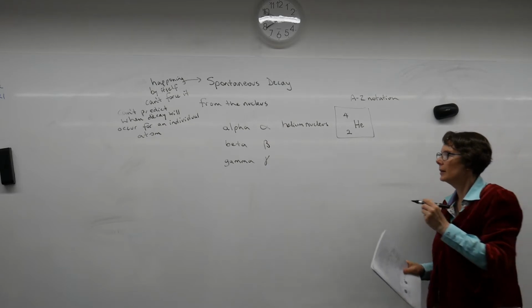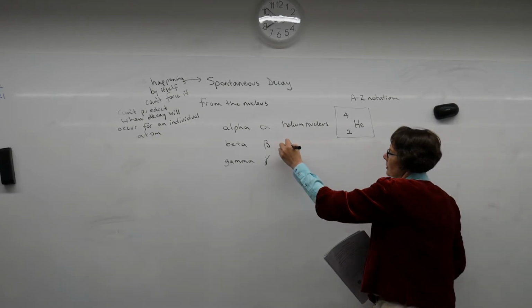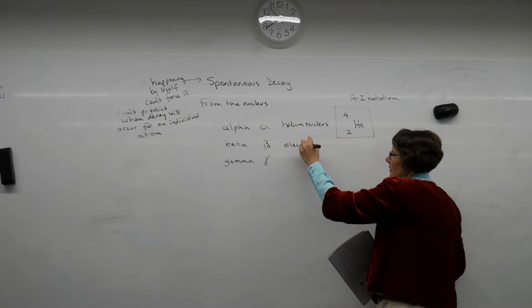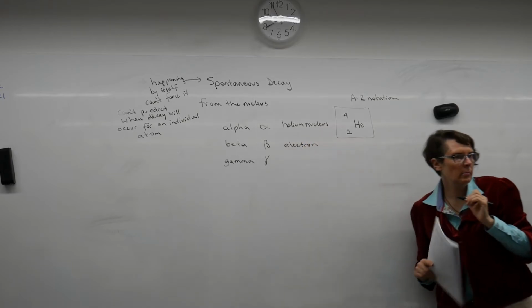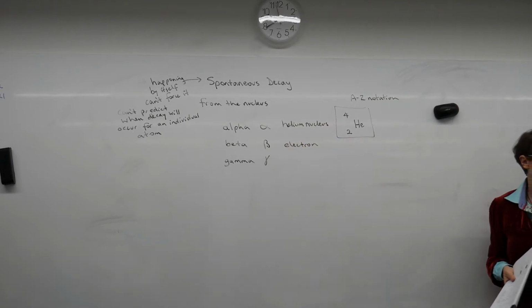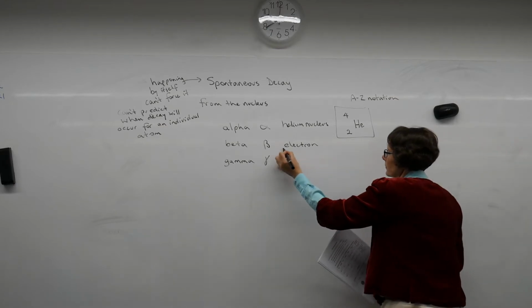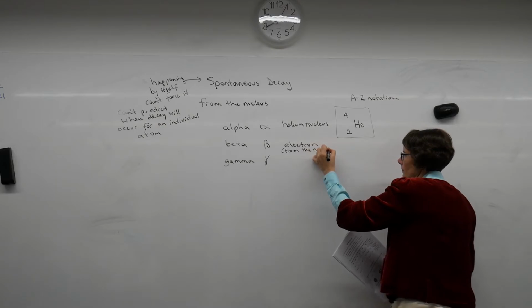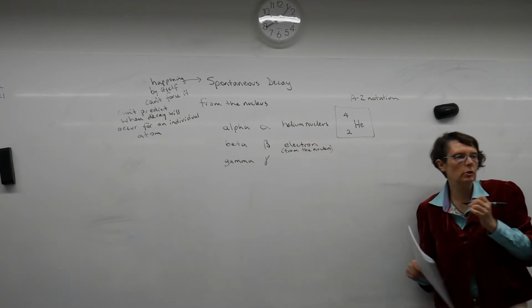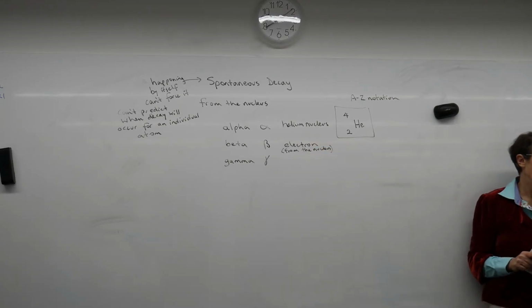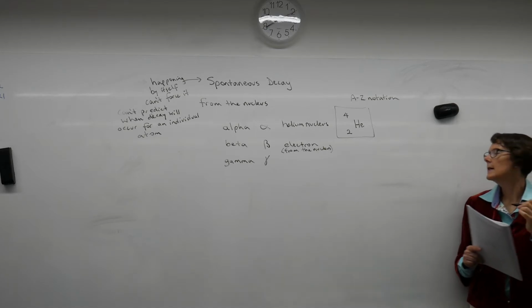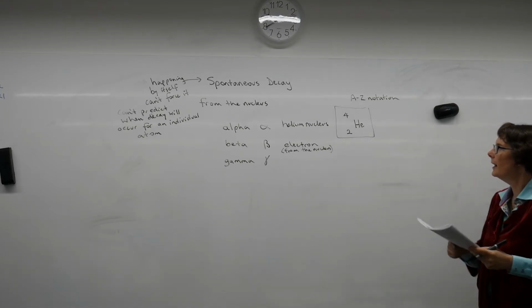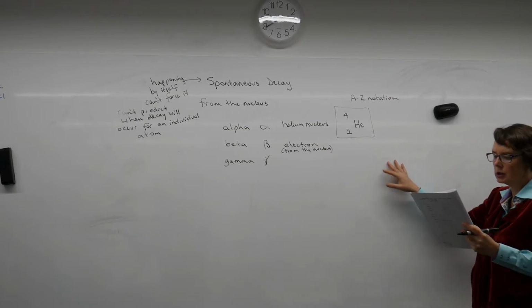A beta particle is an electron. And remember, it's from the nucleus. The nucleus is ejecting an electron. And how are we going to write that in AZ notation?